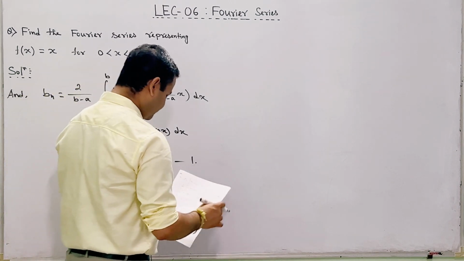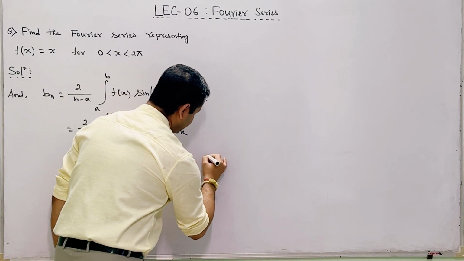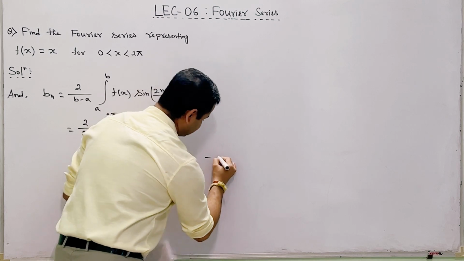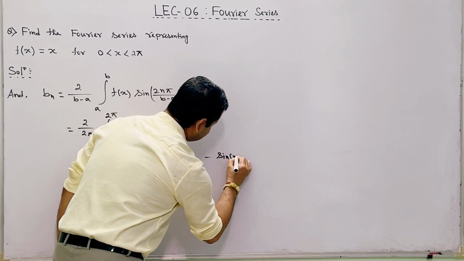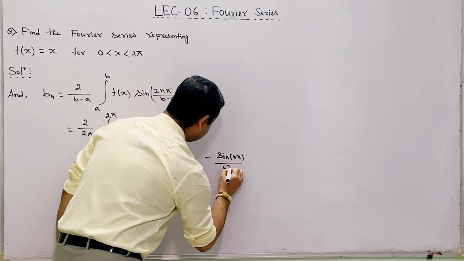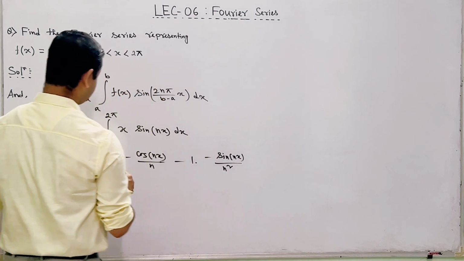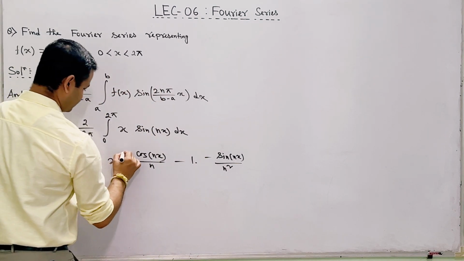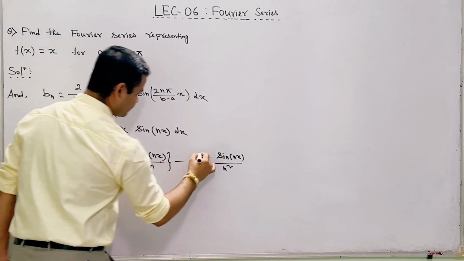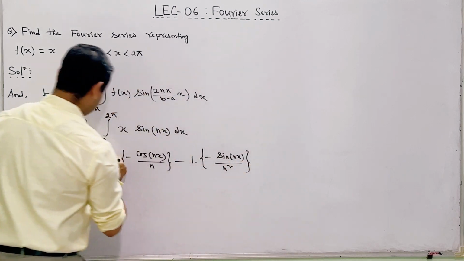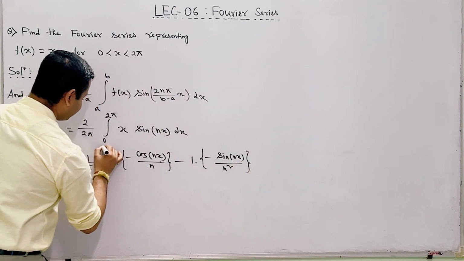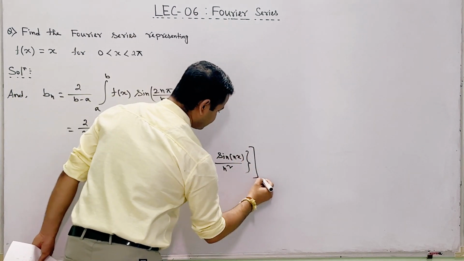So, ultimately we will get minus sin nx by n square. Next, let us apply the limits 0 to 2 pi.